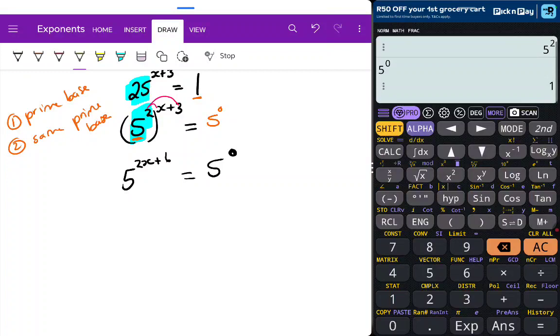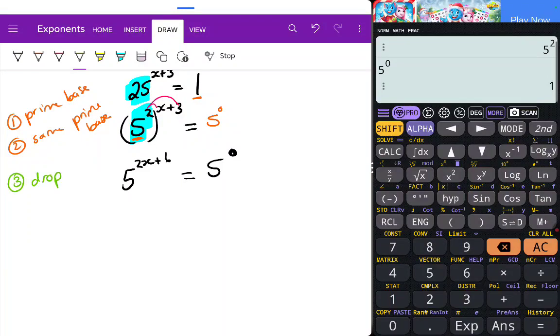So now I can drop the bases. That's step 4, because step 3 over here was to multiply power to power. Drop the bases. So now what are we left with? If we drop the bases, we are left with 2x plus 6 equals 0.